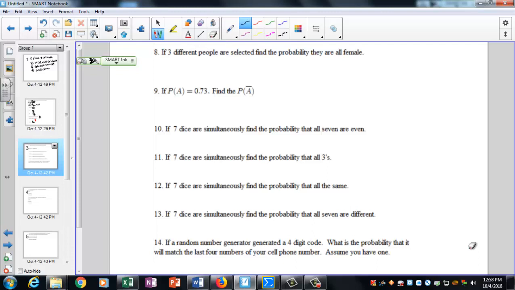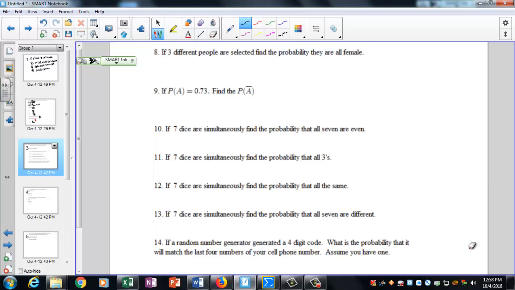All right. What if 3 different people are selected? Now this is huge, because this goes down to the whole with and without replacement thing. And you remember how complicated that is, right? If I say 3 people are selected, the question is, are we choosing the same people or different?